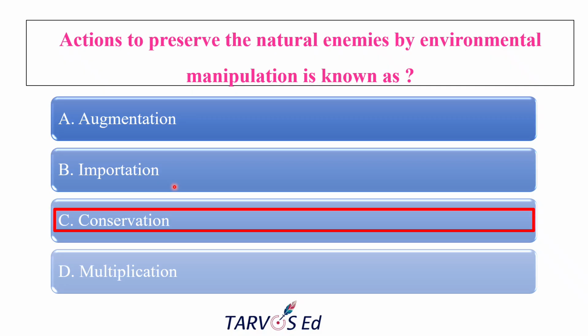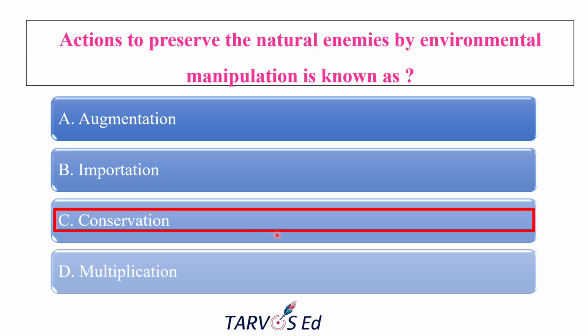For example, take the pest cotton cushiony scale, which is causing a devastating effect in our country. In order to control that particular pest, the Vedalia beetle from the US, California and all, can be imported. So this will be feeding on the cotton cushiony scale. So that is called introduction or importation, and we can also call it classical biological control. Multiplication is just about multiplying the biocontrol agents.